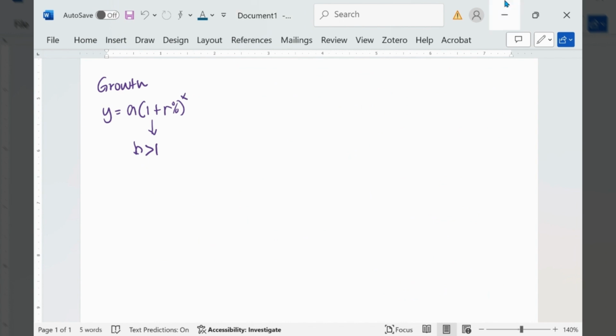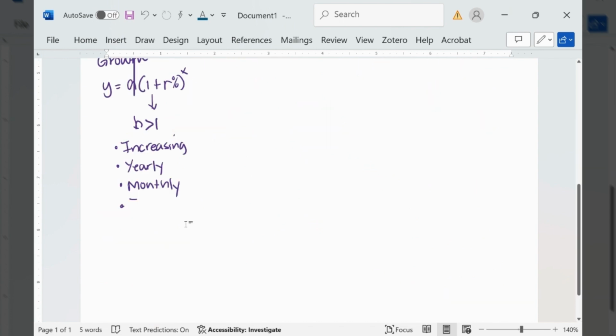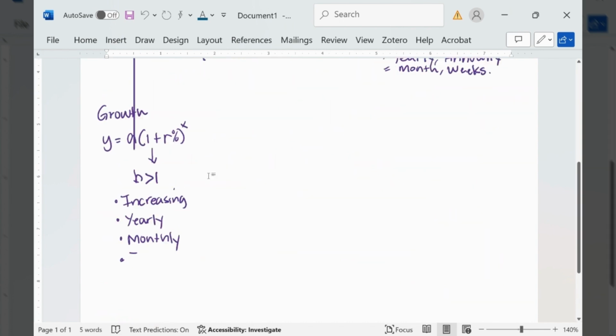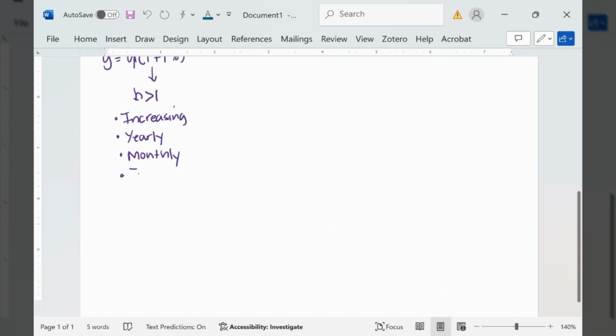But if it's a word problem, you will hear words or vocabulary like increasing, yearly, monthly, and interest rate.